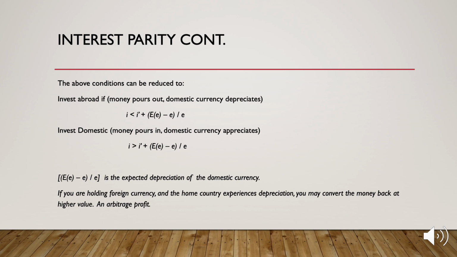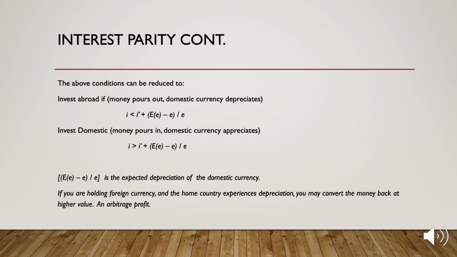But there's another component to the foreign rate of return, which is the potential that your domestic currency depreciates vis-a-vis the foreign currency. If the euro is appreciating vis-a-vis the dollar, another way of saying that is the dollar is depreciating vis-a-vis the euro, then holding your money in euro makes sense.